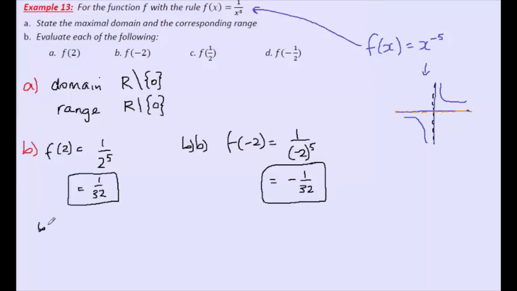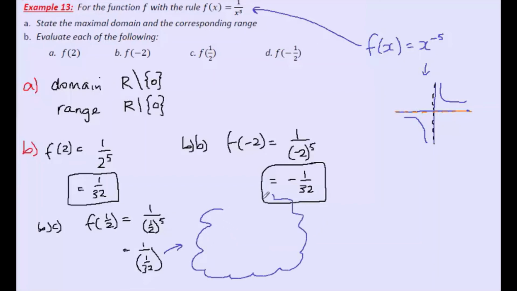BC, which is f of 1/2, that's going to be 1 over 1/2 to the power of 5, which is 1 over 1 over 32. Now, when we get to a situation like this, it's probably handy to remember our Year 7 fractions work.